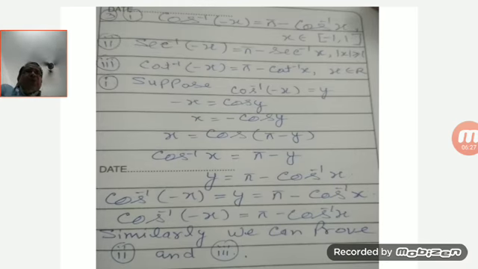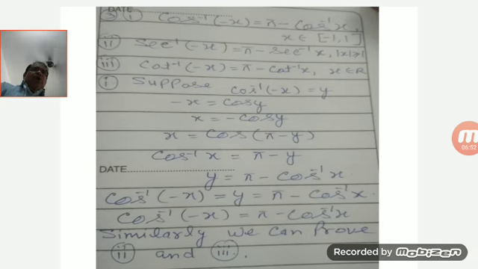Now suppose the left hand side of the first formula, cos inverse minus x, is equal to y. So we can write minus x equal to cos y, or x can be written as minus cos y. Minus cos y we can write as cos of pi minus y. If we take cos inverse on the left side, then cos inverse x is equal to pi minus y.